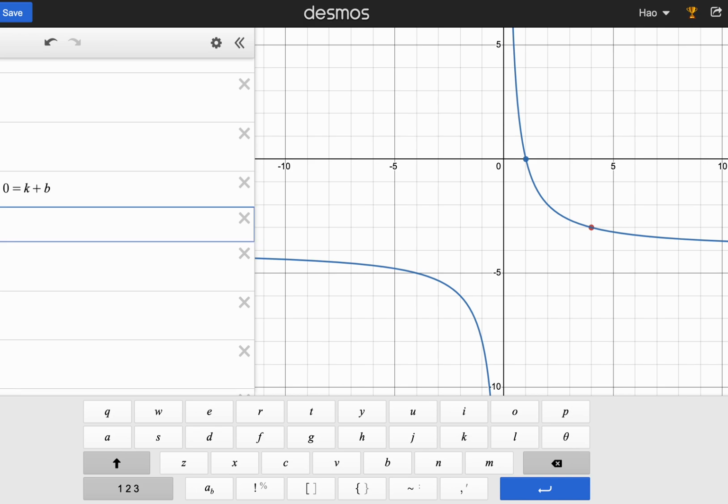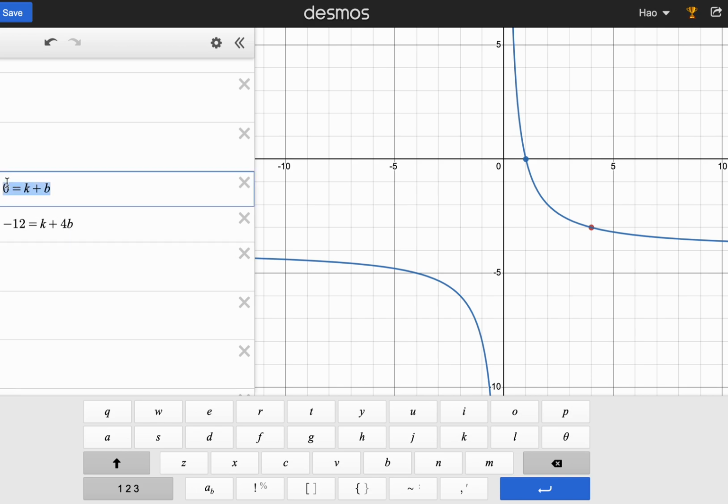And the other one is (4, -3), so it's -3 equals k divided by 4, plus b. And therefore if we move the divided by 4 over, it will become -12, and here it will become 4b, right?